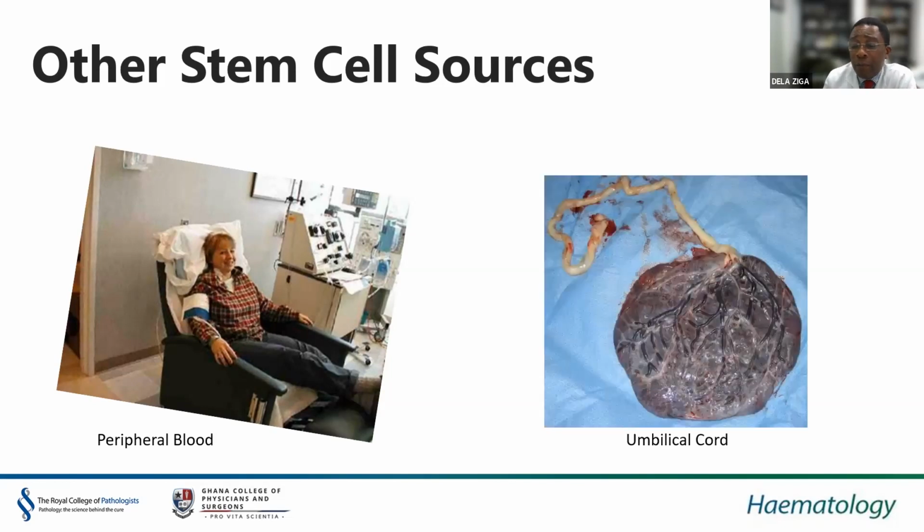Cord placenta blood is also a good source of stem cells, but these are limited by the size of the cord and the placenta, and therefore your dose is limited. It works well in little children, but as you get older and bigger, the dose becomes insufficient.